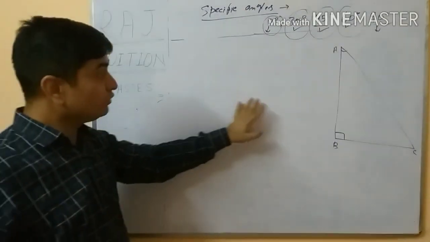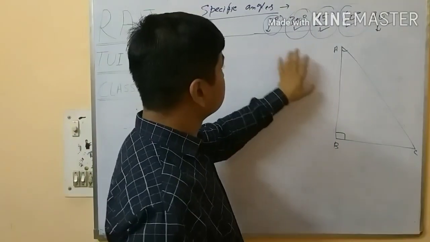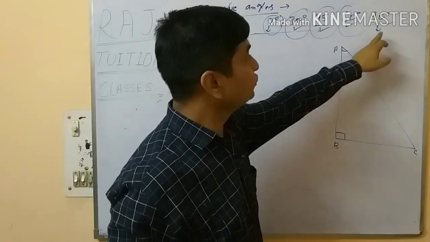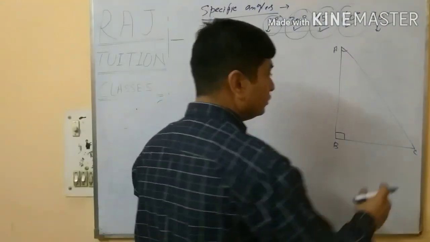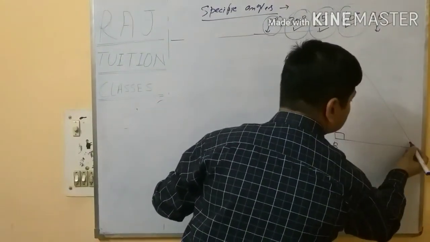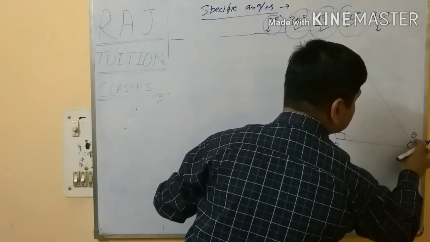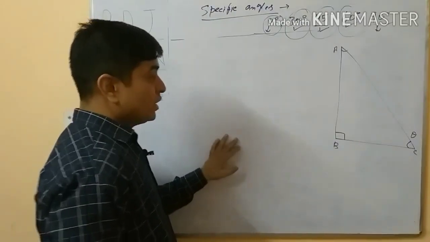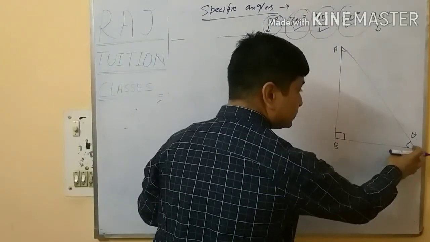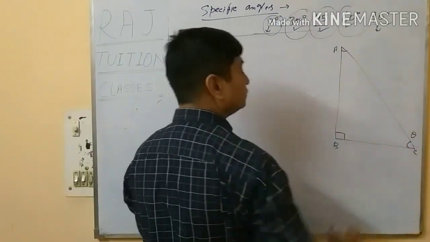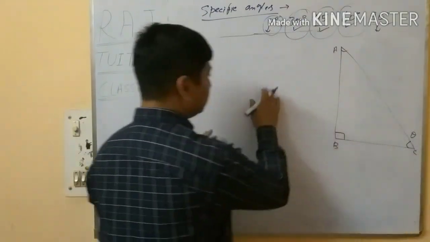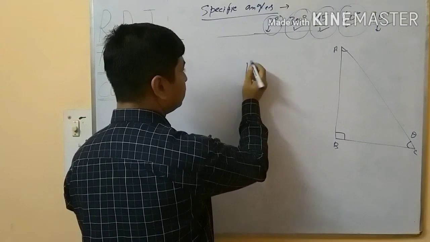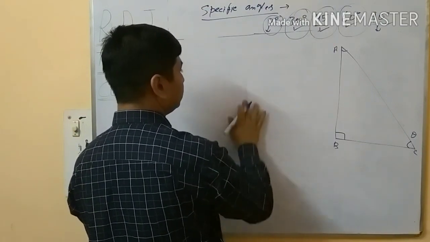So I have to write the trigonometric ratios for 90 degrees. For this, I have to make this angle 90. Just take this angle as theta, and now I want this theta to become 90 degrees. I'm going to draw one more triangle here to explain it in a better way.